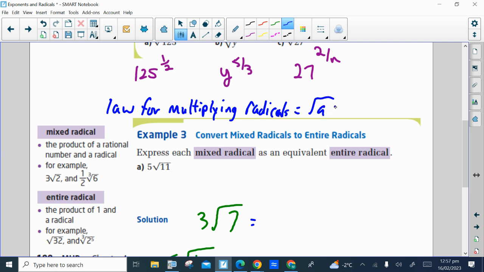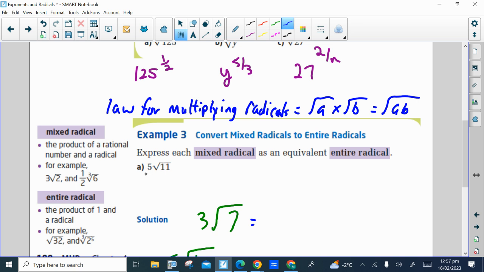Root A times root B is equal to root A times B. If you multiply two radicals together that have the same index, remember the index is what root it is, these are both square roots, the root of A times the root of B can be written as root A times B.